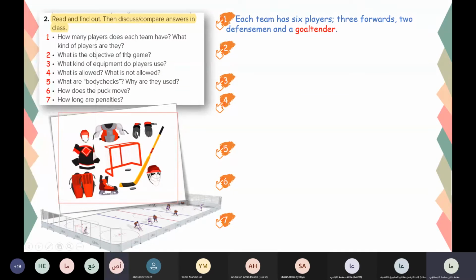Okay. What is the objective of the game? It's shooting the puck into the goal. Score goals. Good. Continue. Read the answer. To score goals by shooting the puck into the opponent's net. Good.